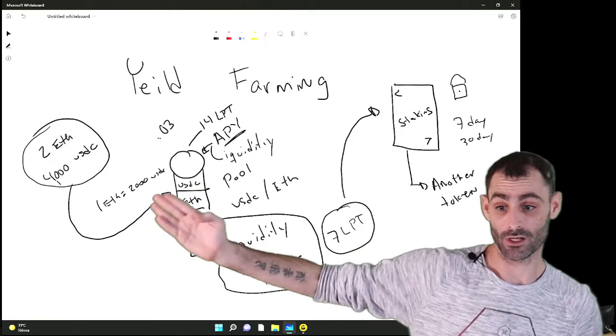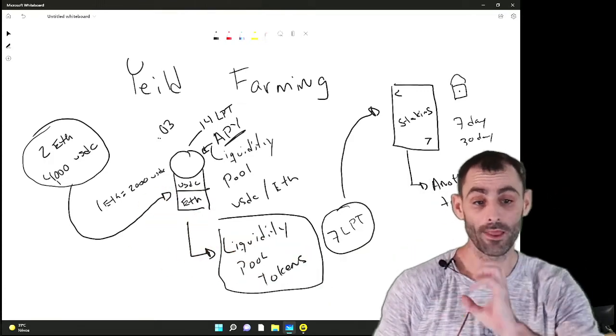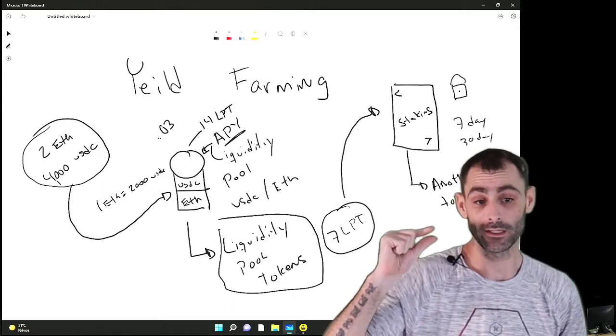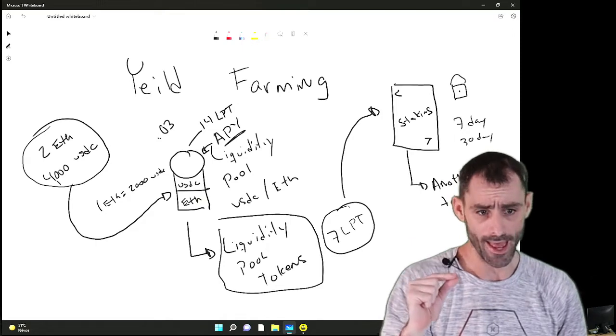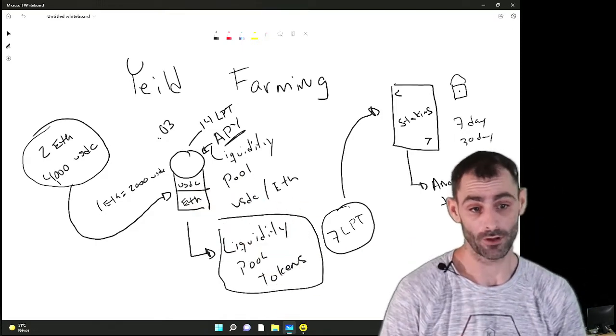So if there's 100 Ethereum in here and $200,000, when I make that $1,000 trade, the change in price of Ethereum is going to be much, much, much less than if there was only 1 Ethereum and $2,000 in here.